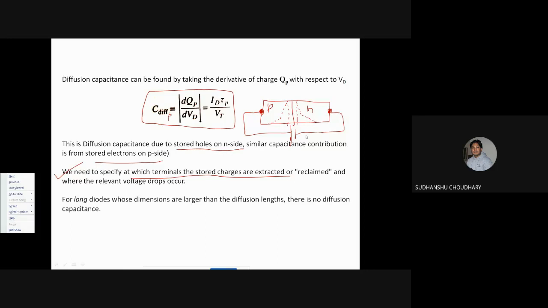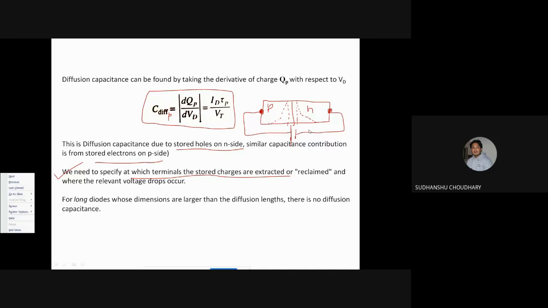If they cannot be collected at these leads, that is, if they cannot be extracted at these two leads, then there will be no diffusion capacitance. So the diffusion capacitance can be zero if these charges are not collected at these two leads.